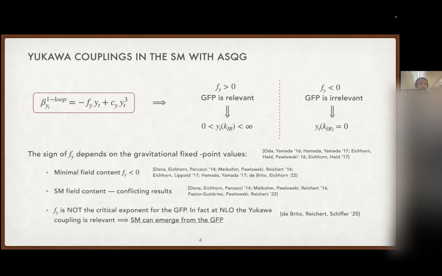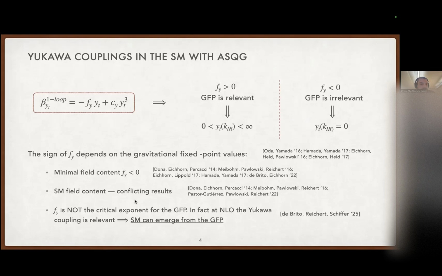And for minimal matter content, so for a small number of fields, there are some results that show that this Fy is negative, which will be the phenomenologically unviable case. But for other values, with a larger number of fields, we actually do not really have a concrete result regarding the sign of this Fy.